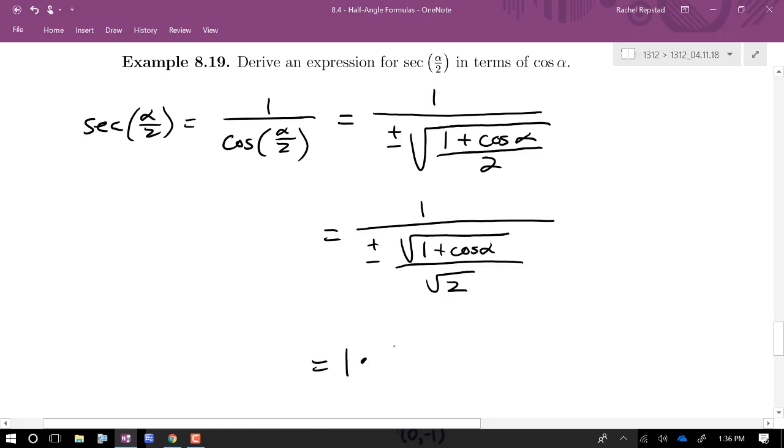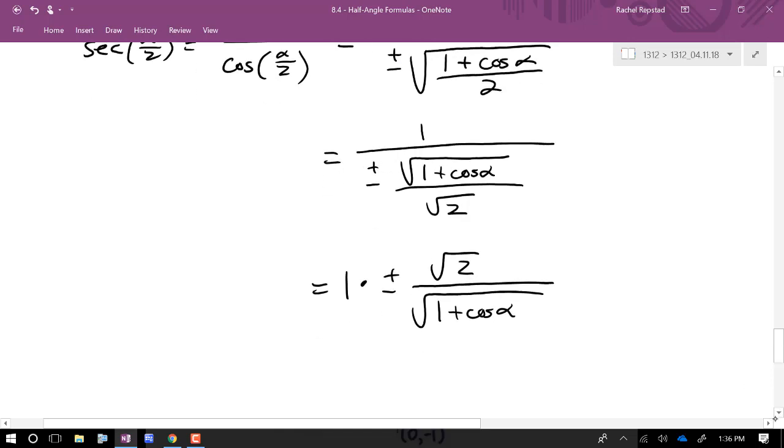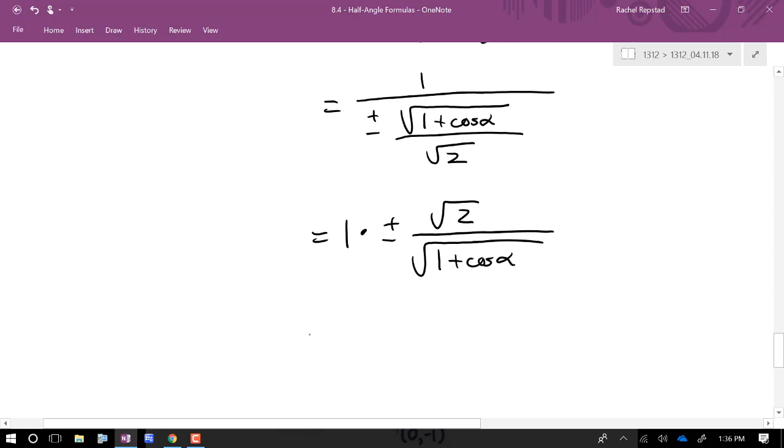So we have 1 times plus or minus root 2 over the square root of 1 plus cosine alpha. And now we're kind of almost done, I guess. Obviously, the times 1 doesn't matter. We can drop that factor of 1, and we can put this back into a single fraction.